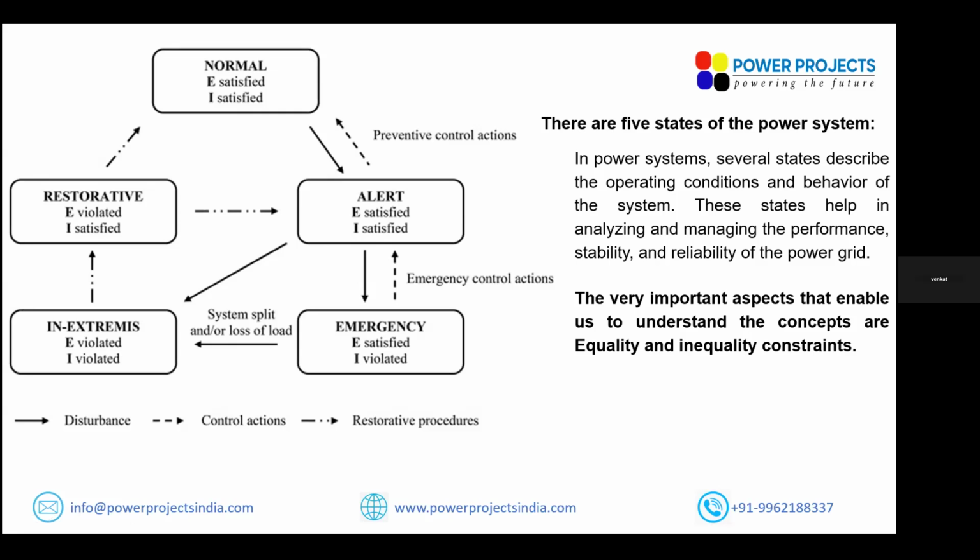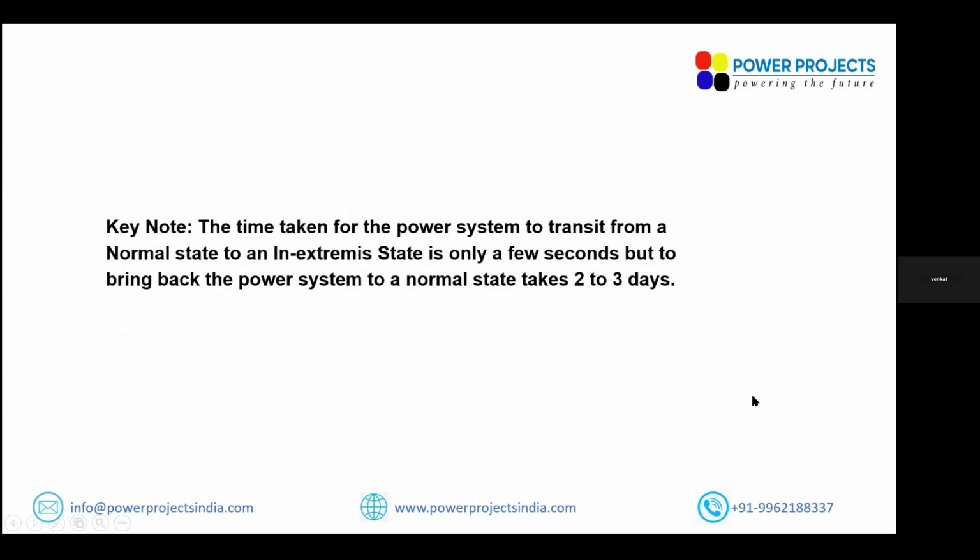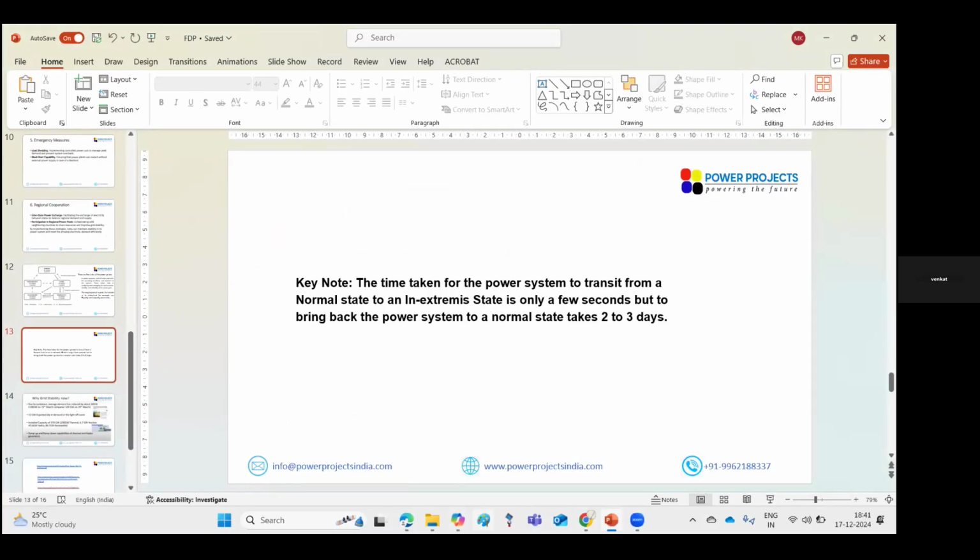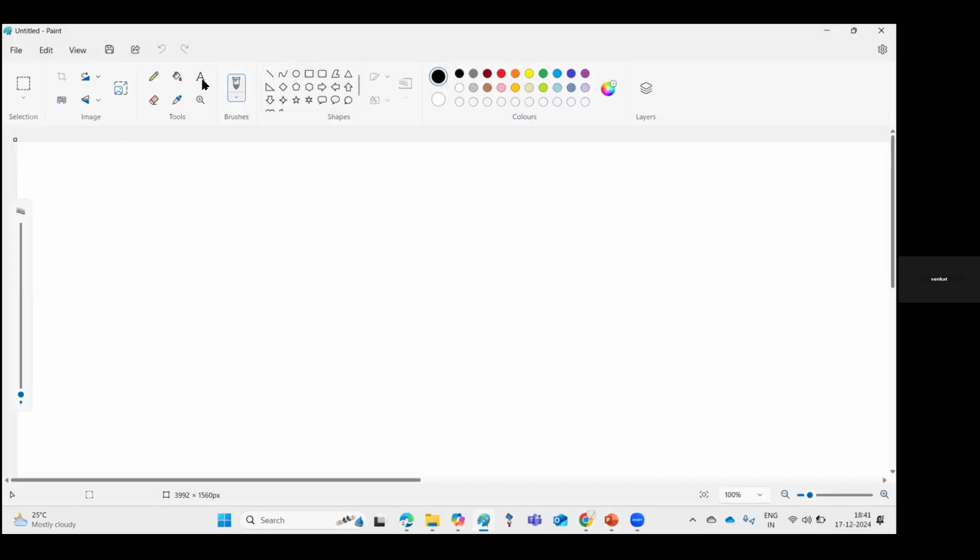So I have a transformer with 1000 MVA. Now I just wanted to tell you what contingency is. I'm just drawing a sketch here.